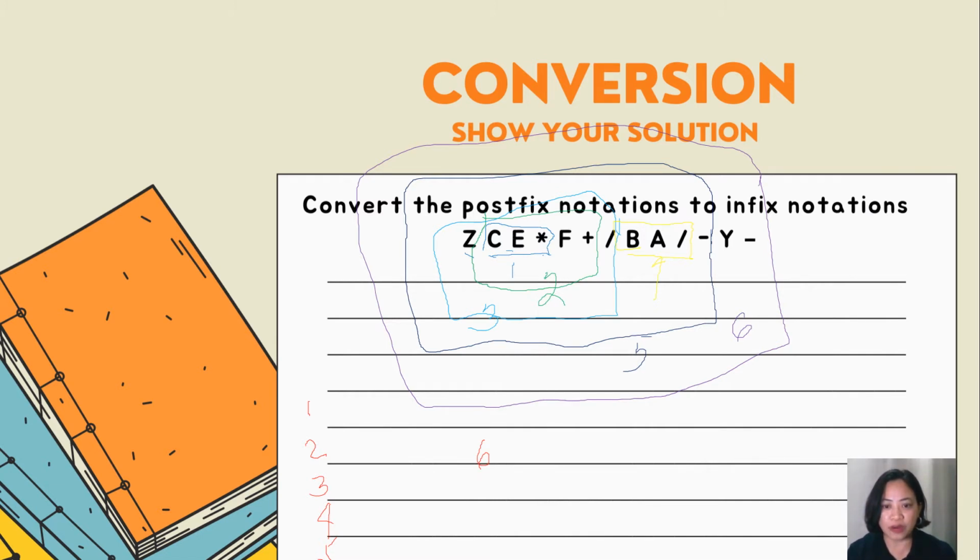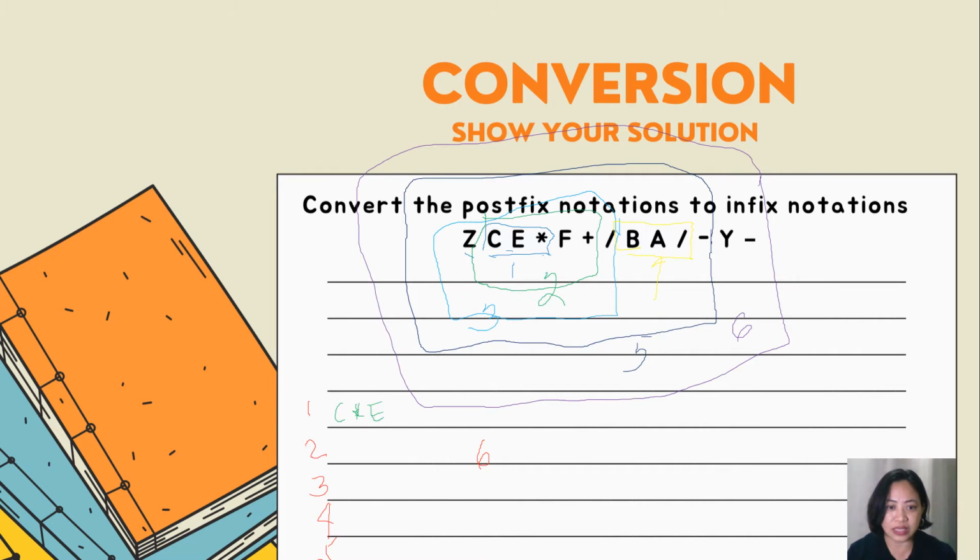Okay. So for our first expression, we have CE times. So if we're going to convert that to infix, we have C times E. Okay? Number 2 is 1F plus.